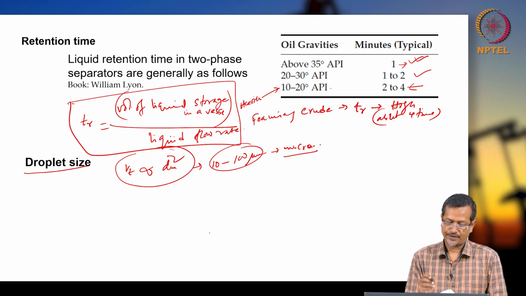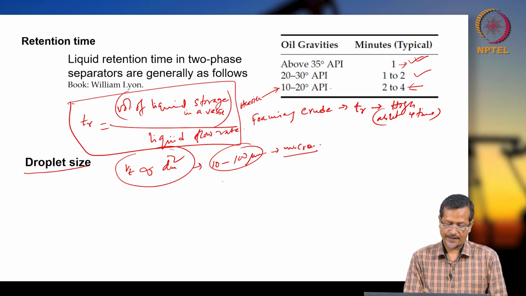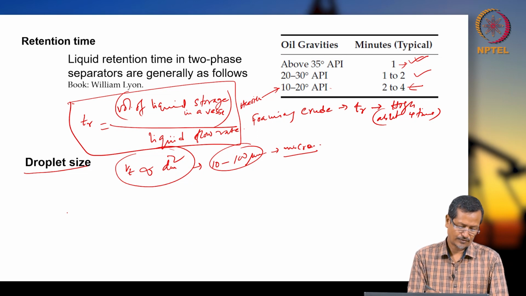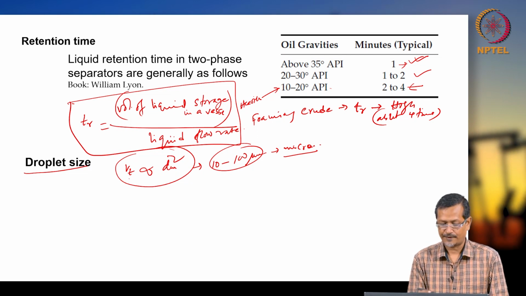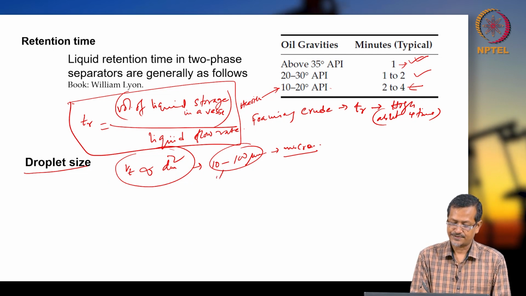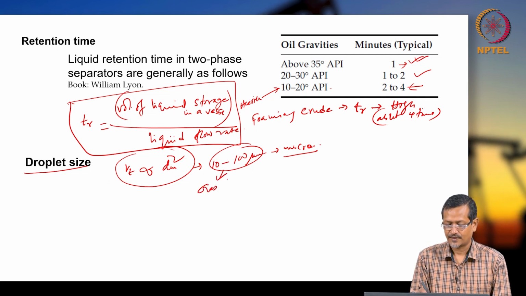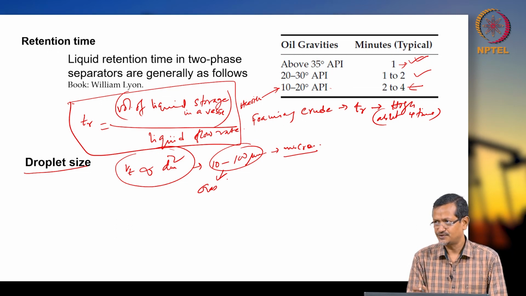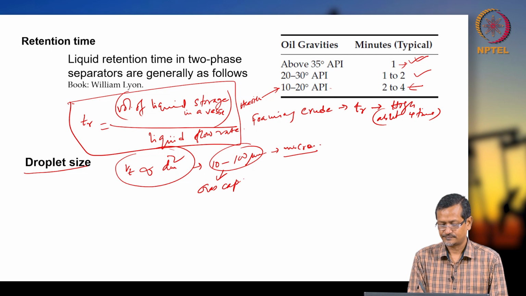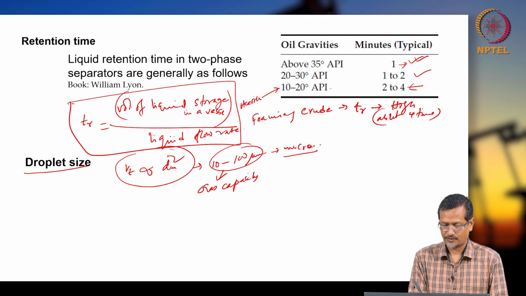A separator removes about 10 to 100 micron size. Gas capacity calculation removes 100 micron, and a gas scrubber removes about 500 micron. So for gas capacity in our calculation we will take a range like 100 to 200. I'll discuss later what the gas capacity calculation is.